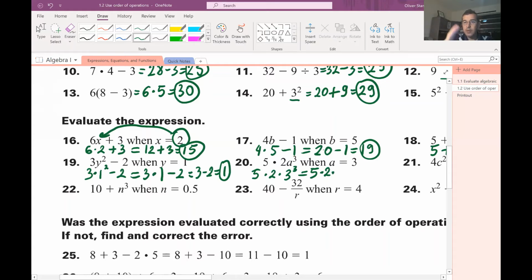That's the same as 3 times 3 times 3. 3 times 3 is 9. 9 times 3 is 27. Now we have multiplication and multiplication. So we do left to right. So 5 times 2 is 10. So 10 times 27 is, what is 1 times 27? Is 27, then the 0. So this is 270.